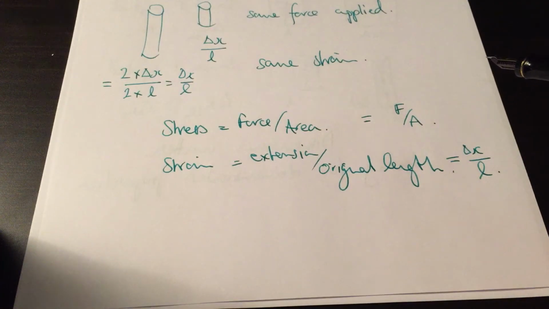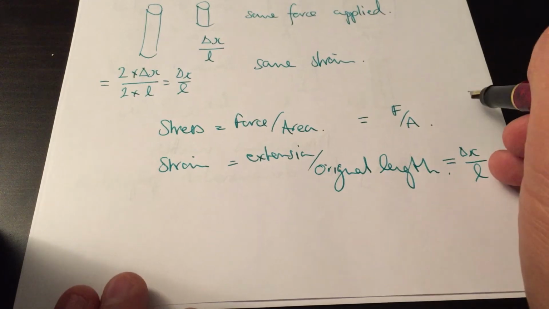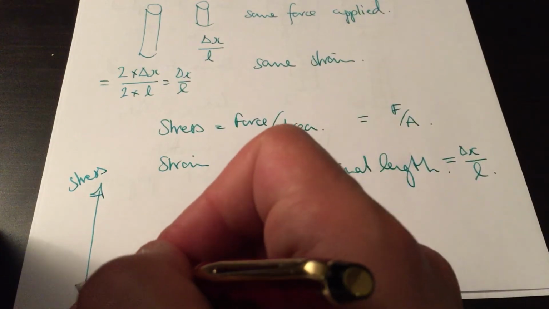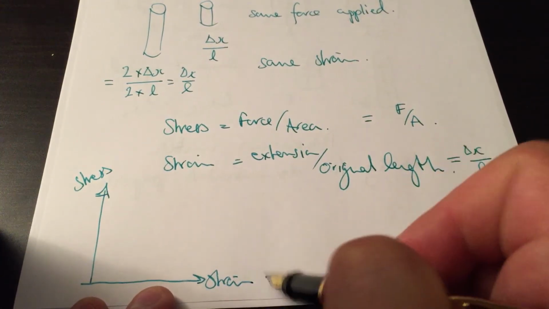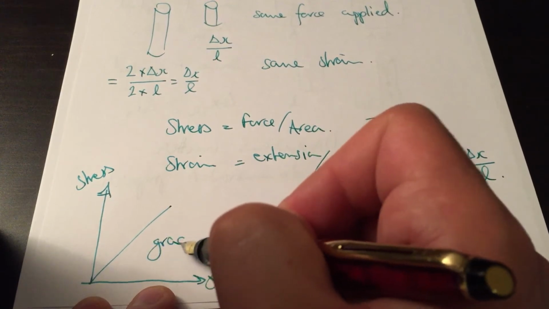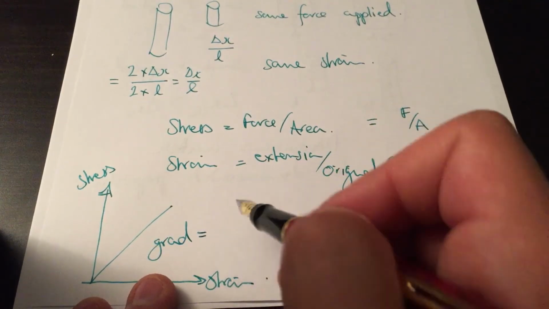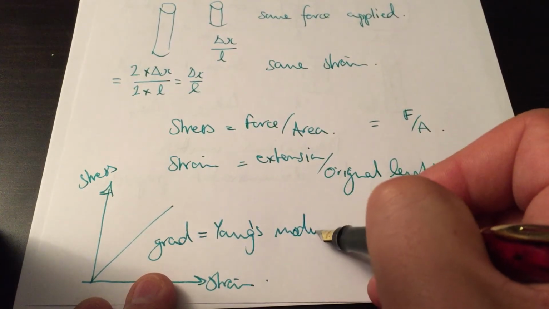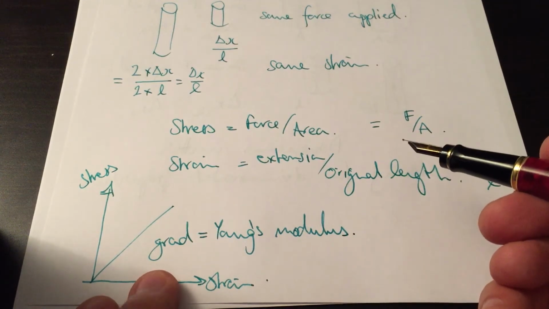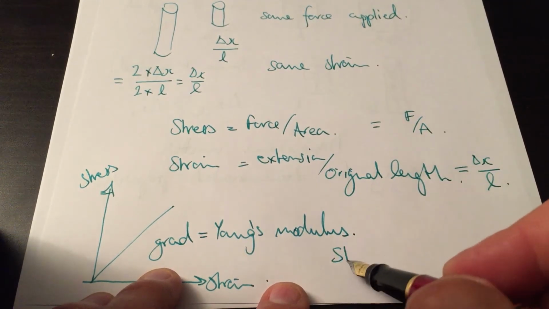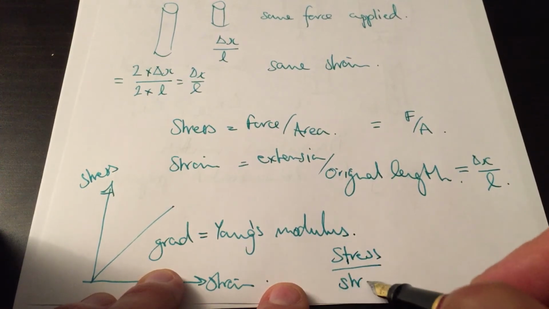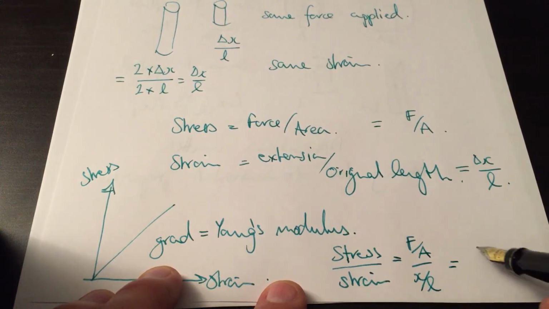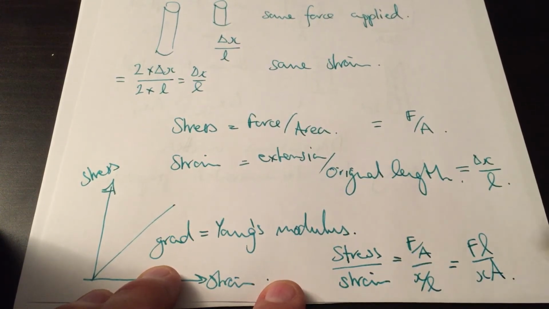Okay, last thing, however, would be that if I were to plot nowadays the stresses and the strains, then by comparison, the gradient I would get is no longer the spring constant, it's called Young's modulus. In other words, it is the stress divided by the strain. Force over area, x over L, which is actually FL over XA.